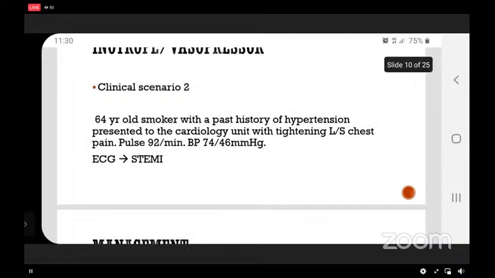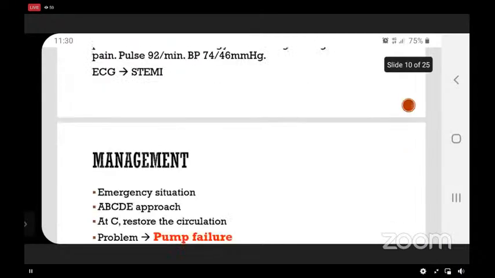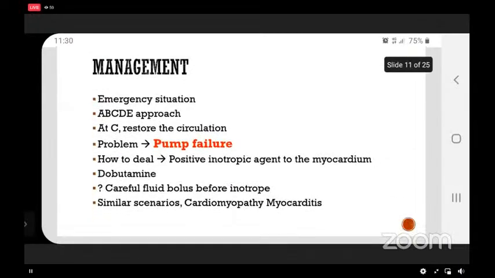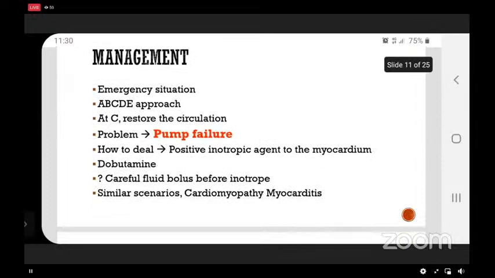So again, when you're managing this patient, it's an emergency situation, you call for help and you go for the ABCDE approach. And when you identify at circulation, you find there's a problem in the circulation. The problem is low blood pressure. The reason for the low blood pressure is pump failure, or there's something wrong with the myocardium.